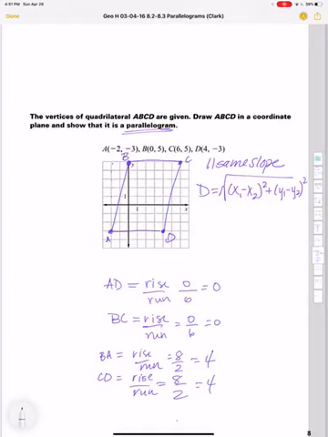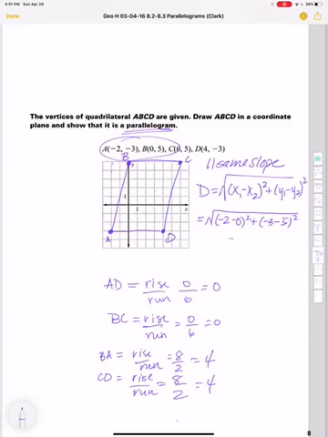So if you have these points, so let's start with -2, -3 and 0, 5. So that would be the square root of, so the first x is -2 minus 0 squared plus -3 minus 5 squared.